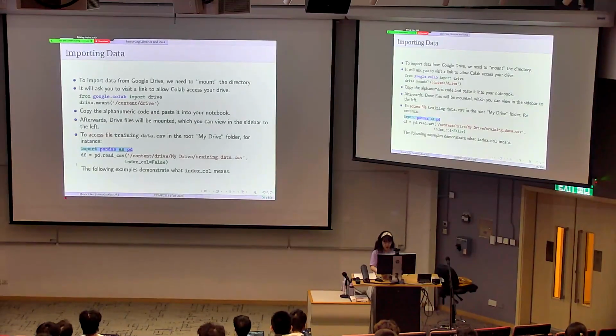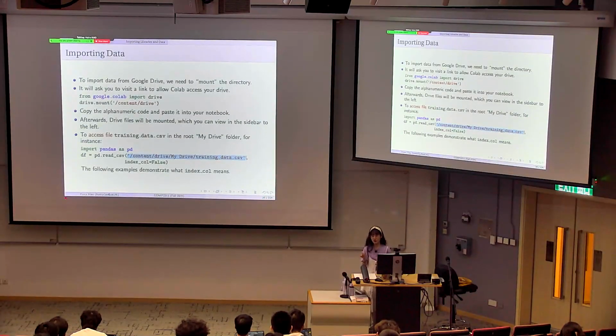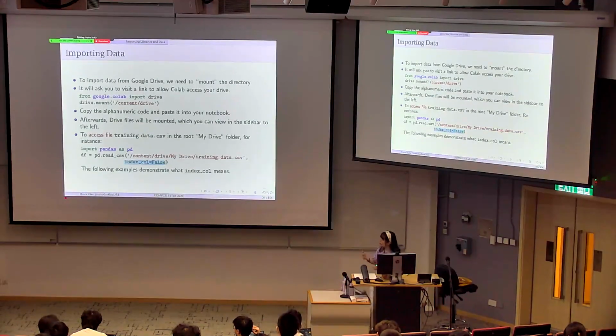Next, we create a data frame, df. This data frame is pandas.read_csv, and we give the path of trainingdata.csv to read_csv so that it can read it. And we set index_col to False. Later, I will show you an example to demonstrate what this index column means.